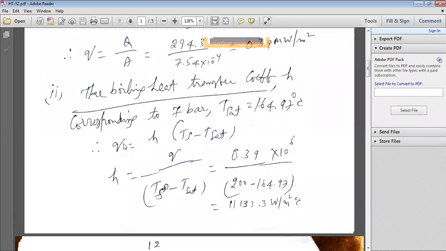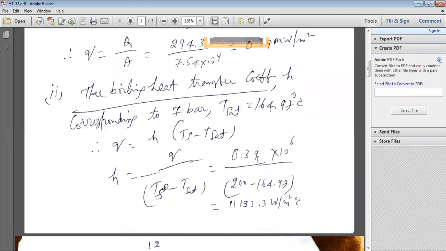Now the boiling heat transfer coefficient was already given while discussing the initial concept of boiling. Boiling heat transfer rate is equal to H A into delta T excess, where delta T excess is Ts minus T saturation. Per unit area, q is H into Ts minus T saturation. Therefore H is equal to heat flux divided by Ts minus T saturation.